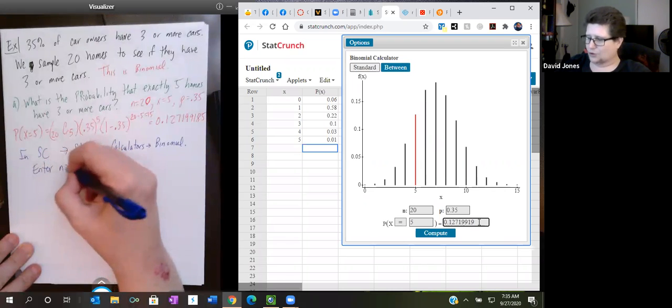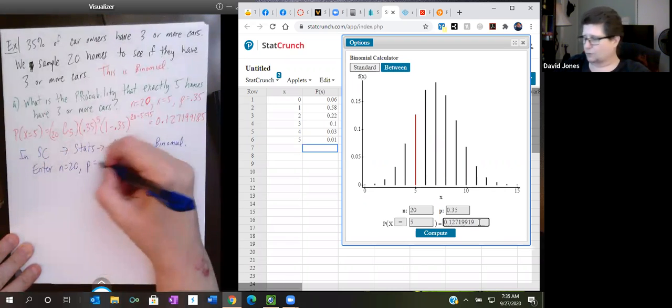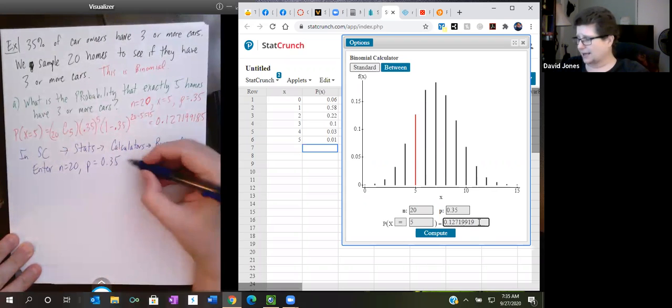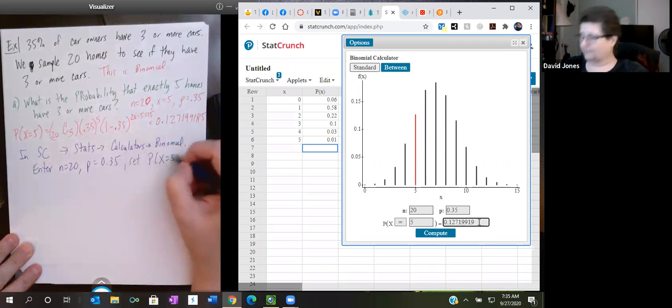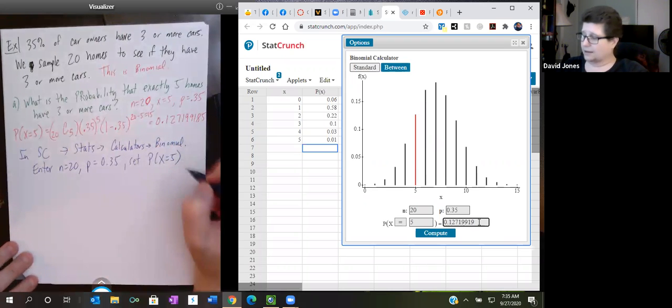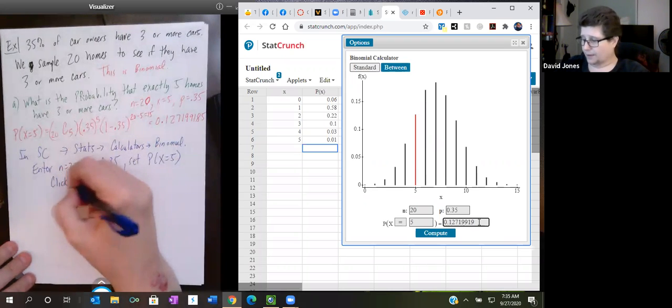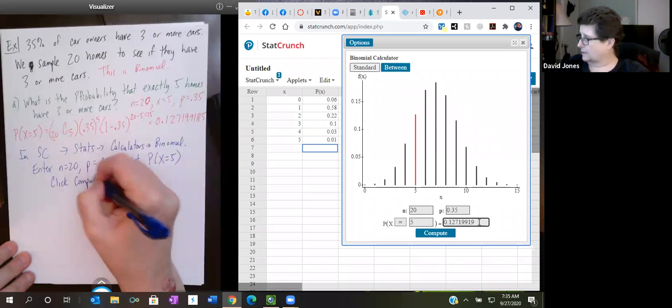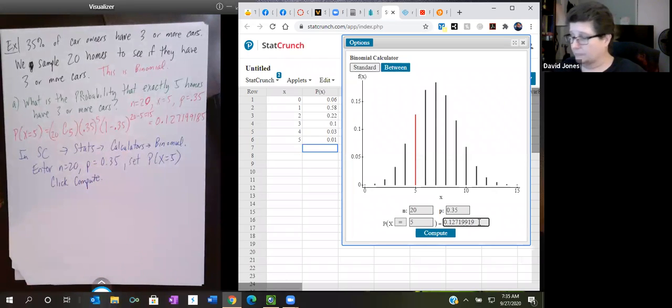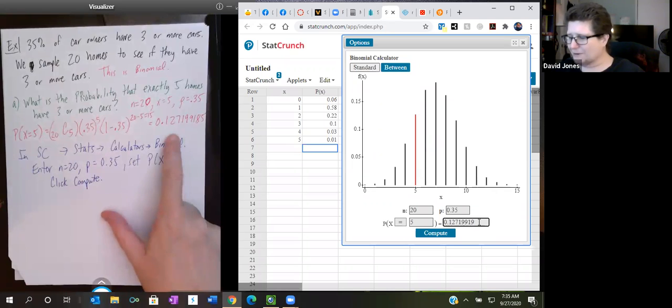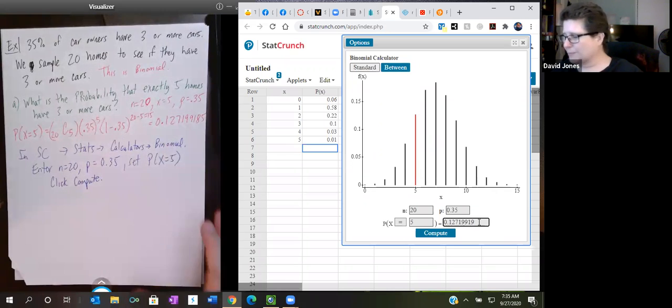Enter n equals 20, p equals 0.35, and set p to be x equals 5. Click compute. This one has a lot of room for error just doing the exact probability.